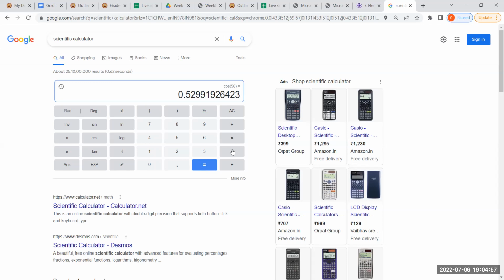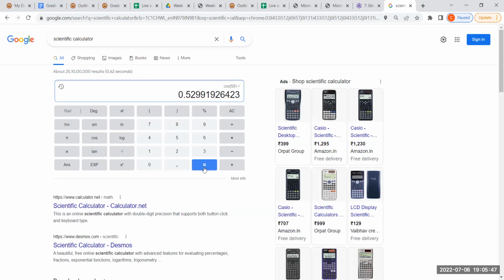And 3 divided by 4 root 2 is the same thing, 0.53, and cos of 58 degrees, I have taken degrees here, is roughly the same, 0.53.